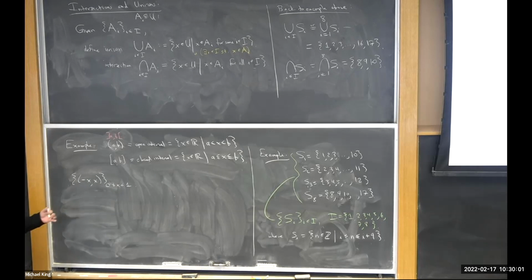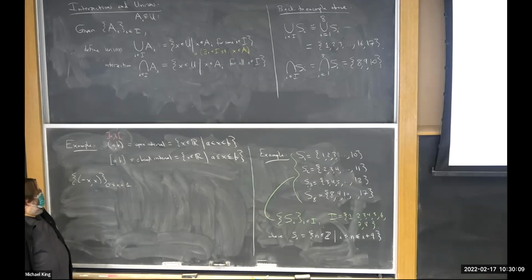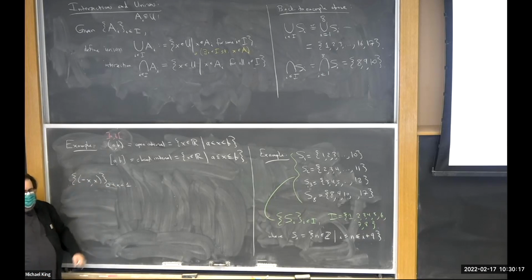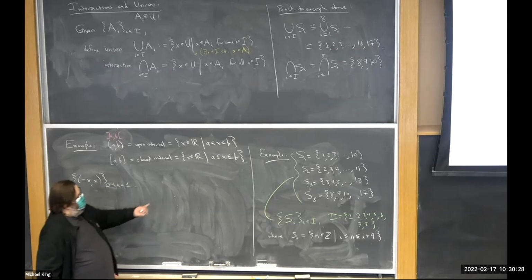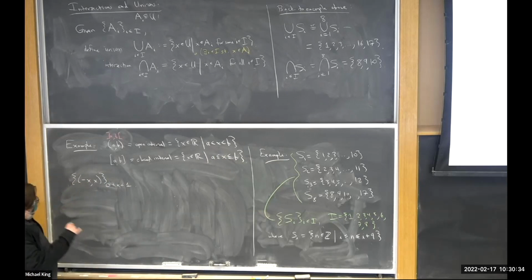So you can do things like this. I could just specify this as my indexing set. Actually, sorry, I can't use 0 here, because the open interval from -0 to 0 would be empty. There's no number that is strictly greater than 0 and strictly less than 0. So you're basically taking all these intervals around the origin, around 0.